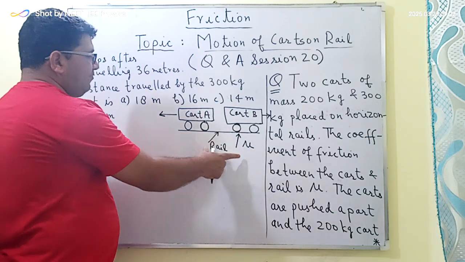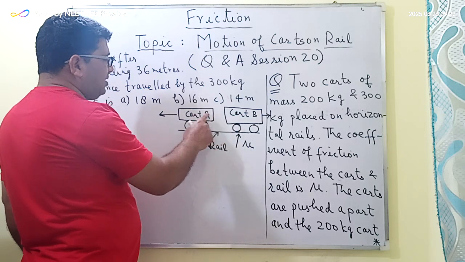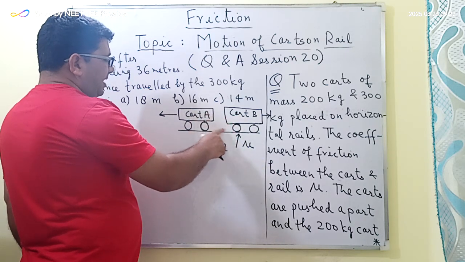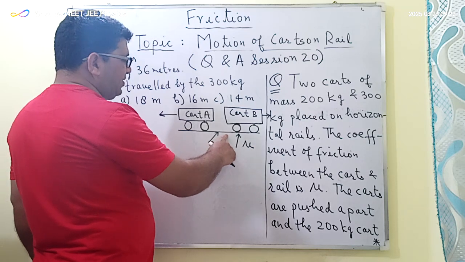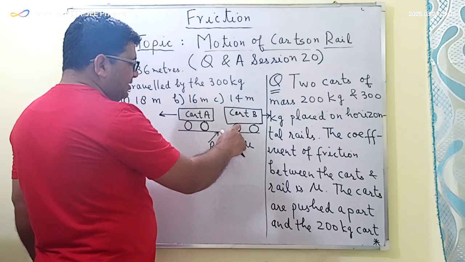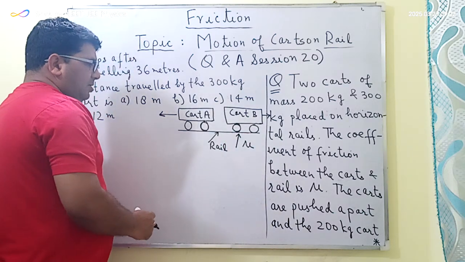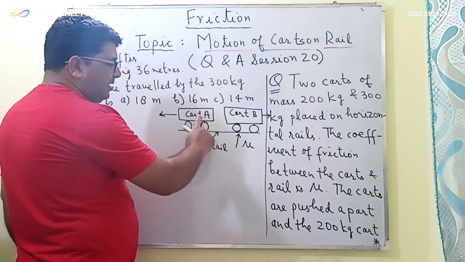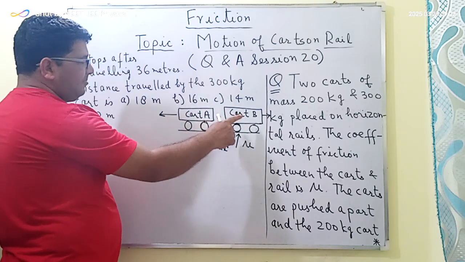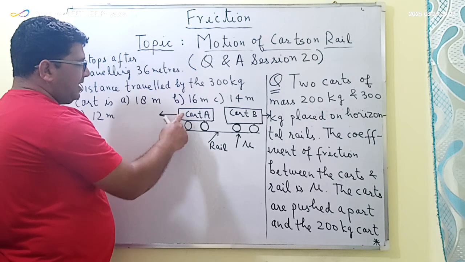This is the figure which was provided along with this question. Here there are two carts, say the cart A and B, and they are placed on this horizontal rail. The coefficient of friction between this rail and the wheels of the carts is mu. Cart A and cart B are pushed apart as shown by these two arrows.